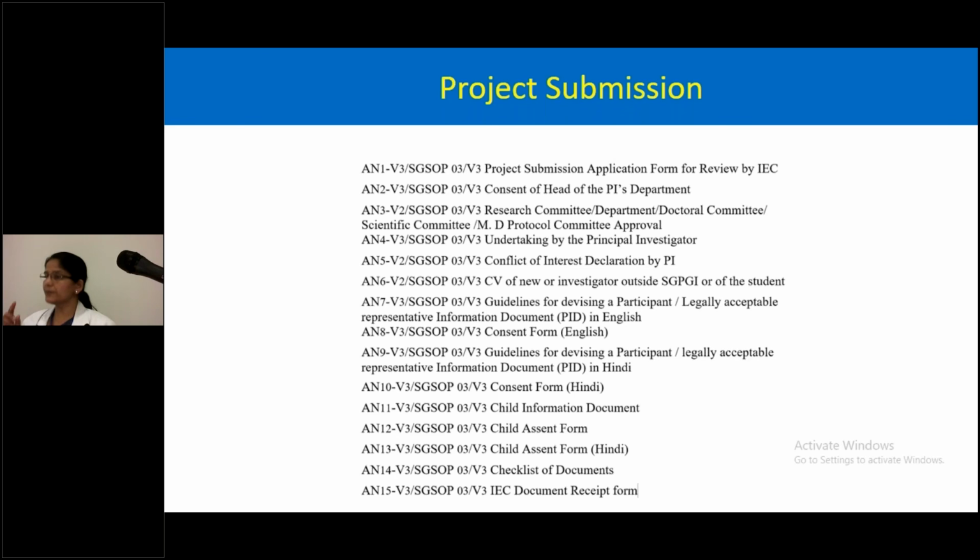But a PID has to be made for each project. We give you a guide of the PID which is available online, that you can take some help from. But for every project, there has to be a different type of a PID, because your projects will be different, the samples collected will be different, the type of patients or the participants will be different.